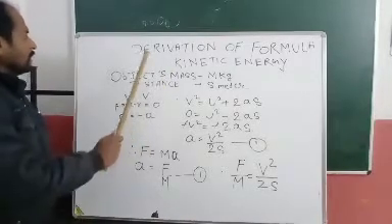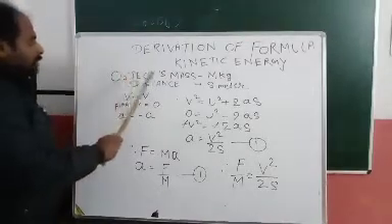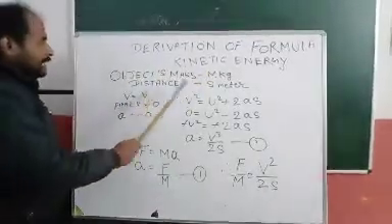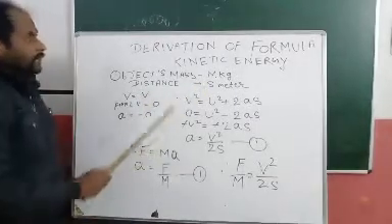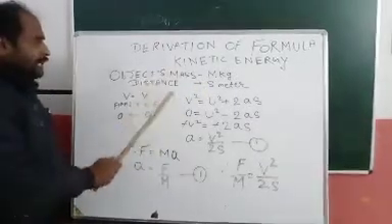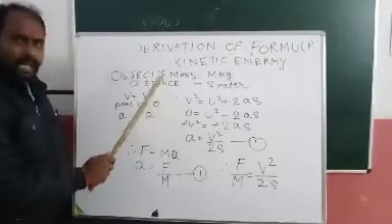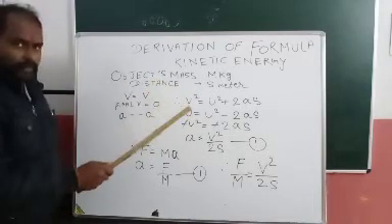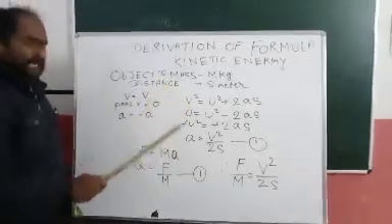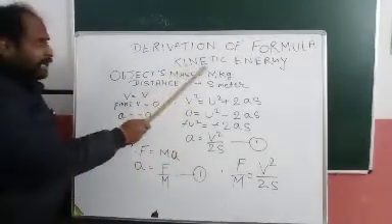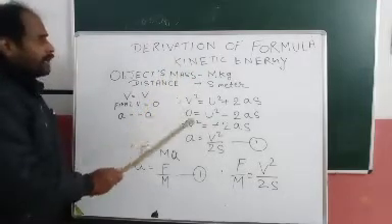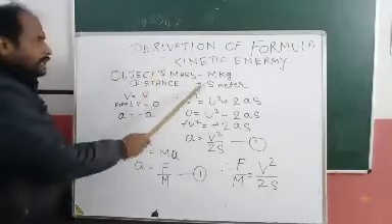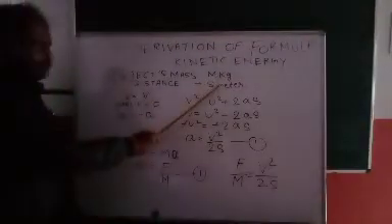Now, the object's mass is equal to m kg, and the distance is s meter. Let us consider any physical body moving continuously with time. Definitely, the object has a mass of m kg, a force is applied on that object, and it covers the distance s meter.